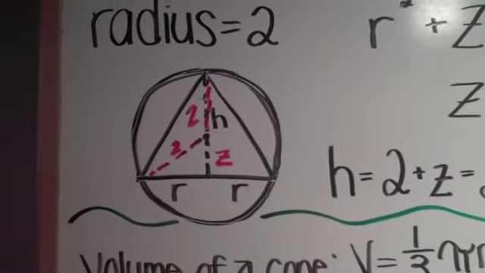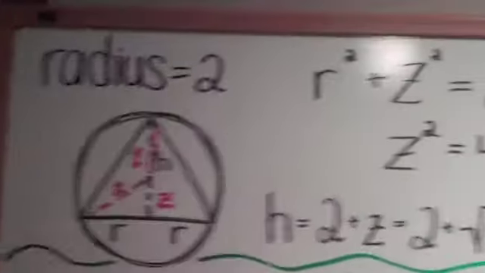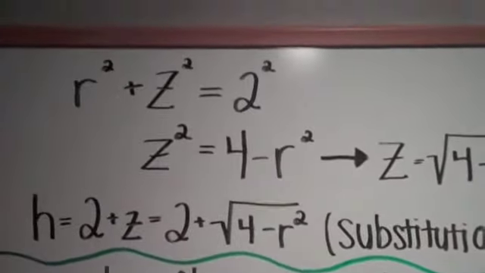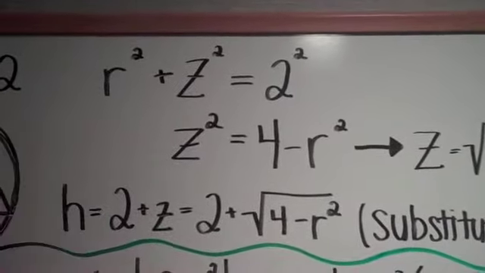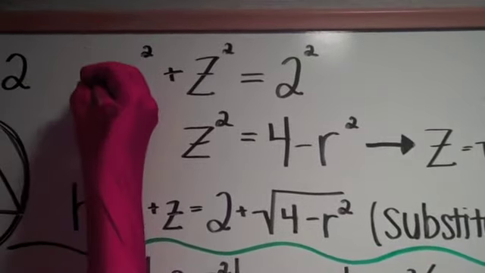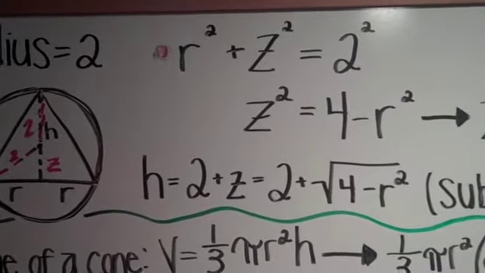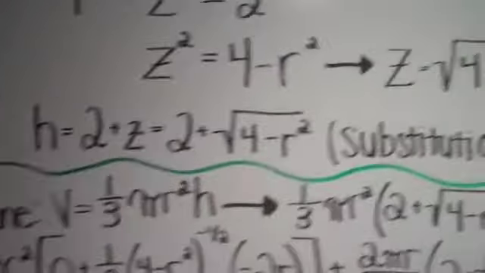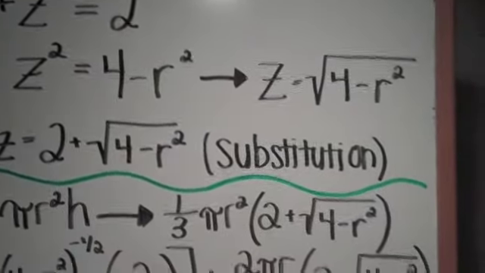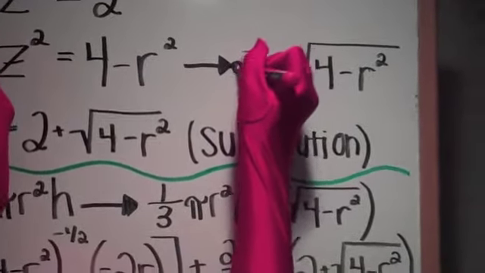Using this diagram, we can establish equations that relate the variables together. By the Pythagorean theorem, it follows that r squared plus z squared equals 2 squared. Solved out, that equals z equals radical 4 minus r squared.